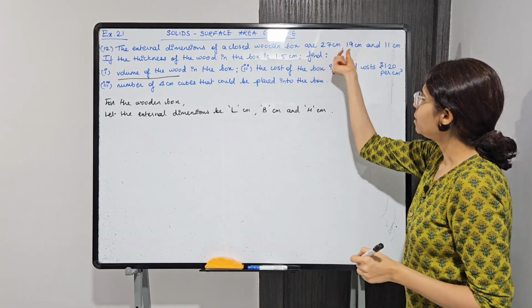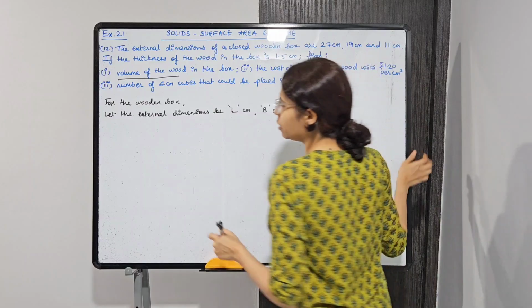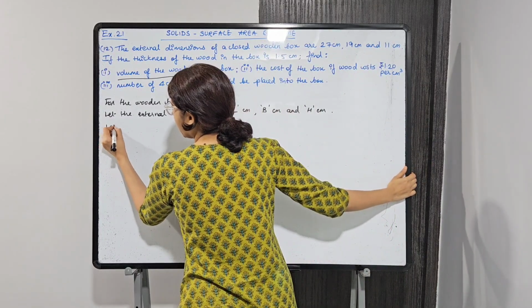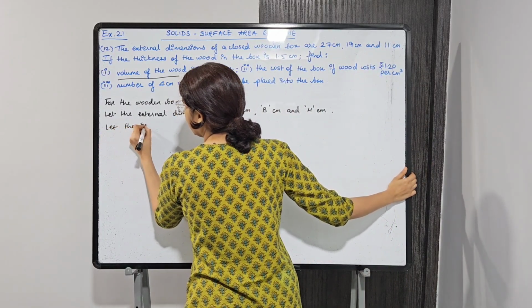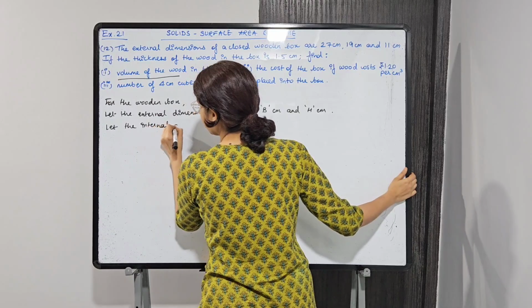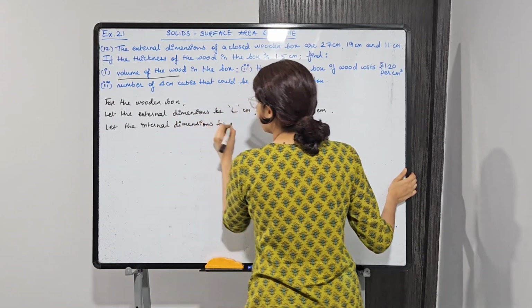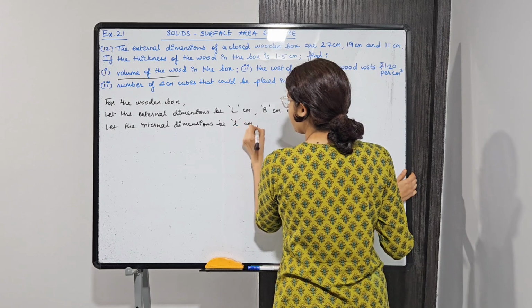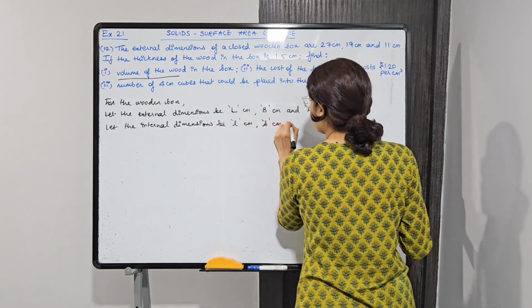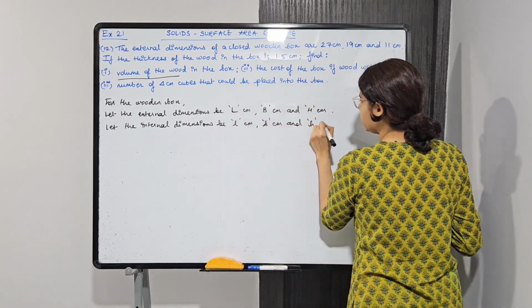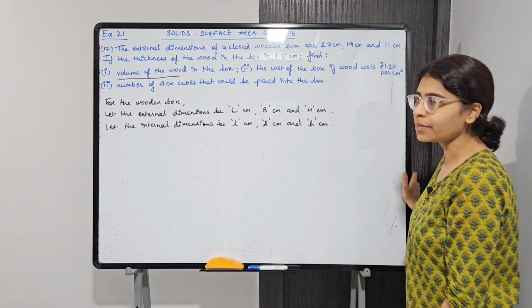Centimeter में दिया हुआ है, so don't forget to write down units. Let the internal dimensions be small l, small b and small h, again in centimeter.